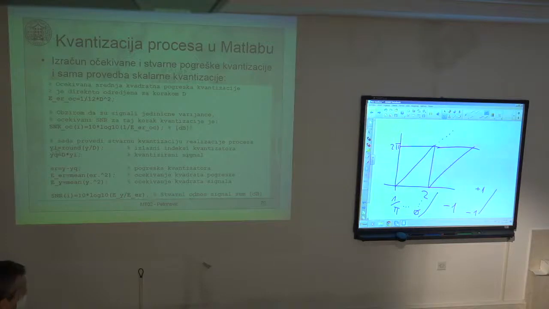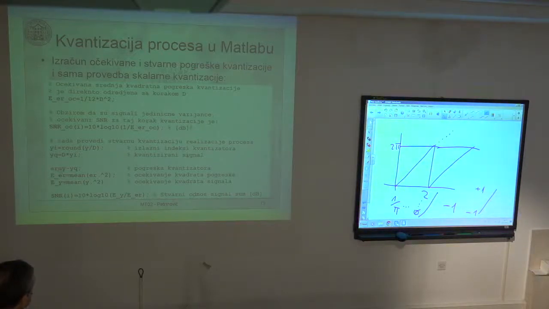So yi is the output index of the AD converter. After multiplying this index, yi, with the step size, I get the quantized output value. And the difference between the input value and the quantized value is the quantization error, ER, with the chosen step size capital D.